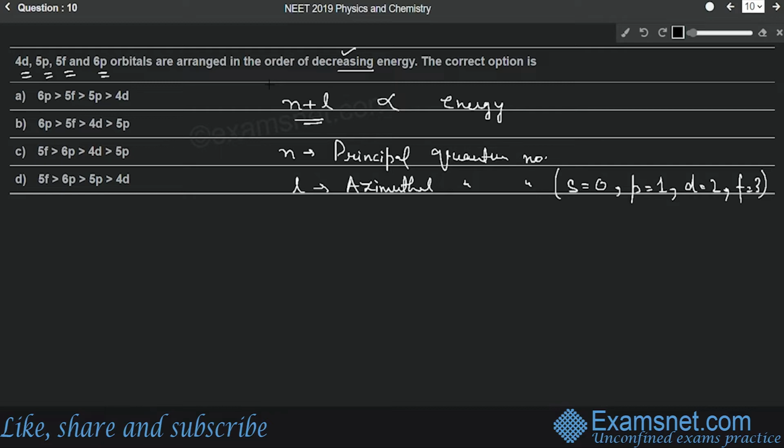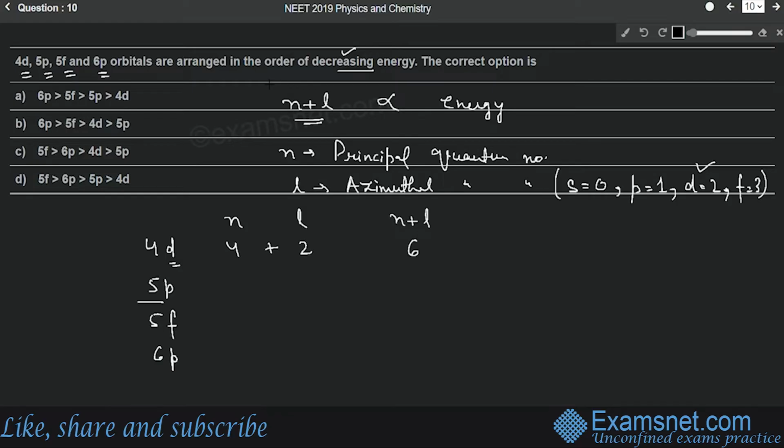Now we have 4 orbitals mentioned in the question: 4d, 5p, 5f and 6p, right? So what is the value of n? It is 4, and the value of l for d is 2. So 4 plus 2, that means the n plus l value will be 6.